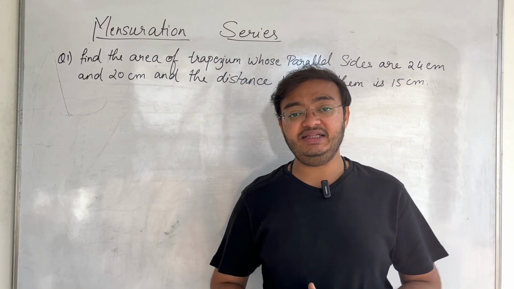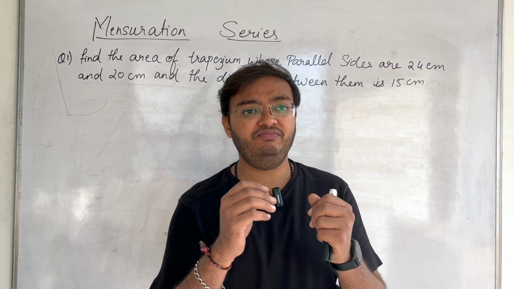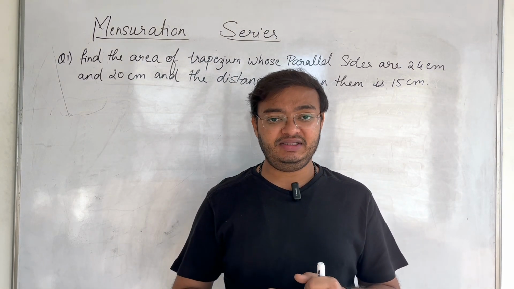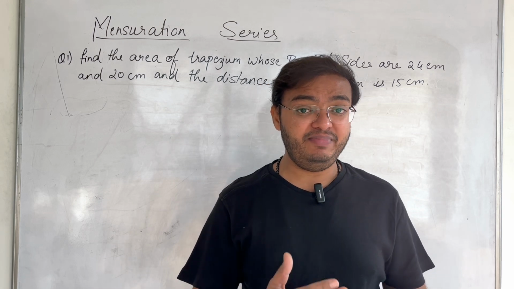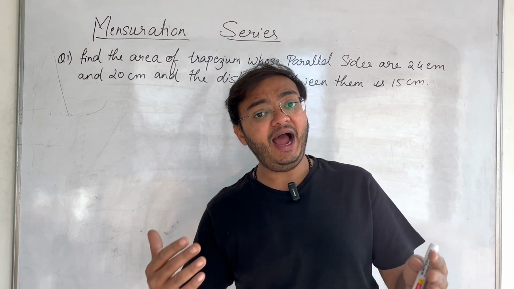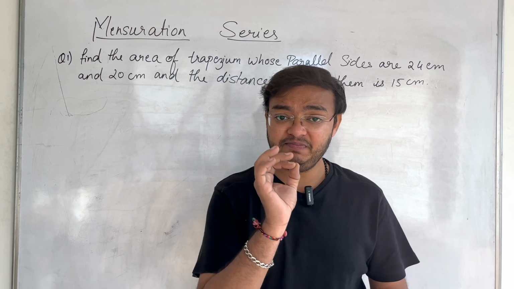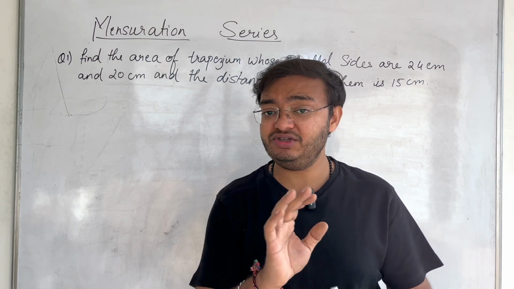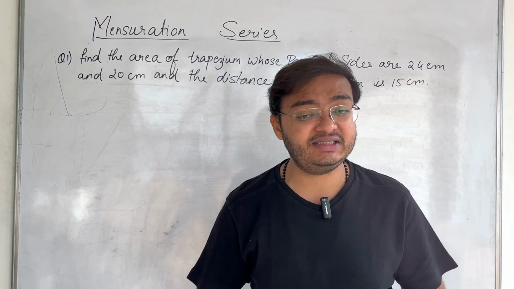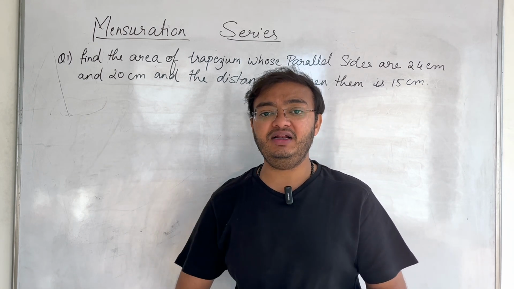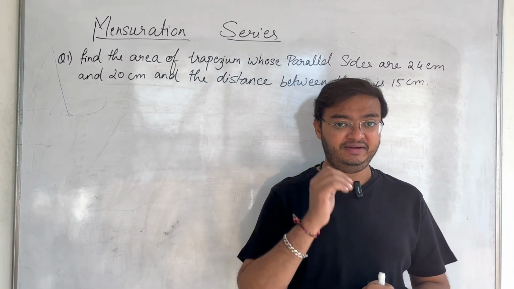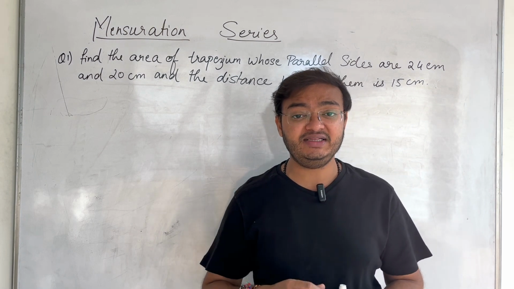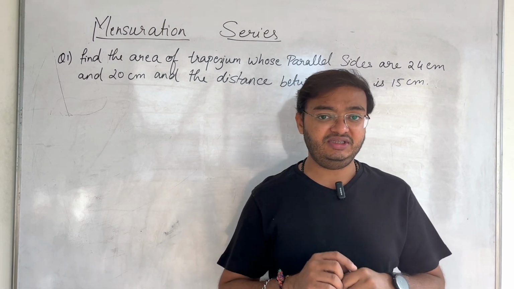And in the form of alphabets, the formula is half into base 1 plus base 2 into height. Base 1 plus base 2 is nothing but the sum of the parallel sides. The distance between two parallel sides I have denoted as height, which we have seen in the derivation section.